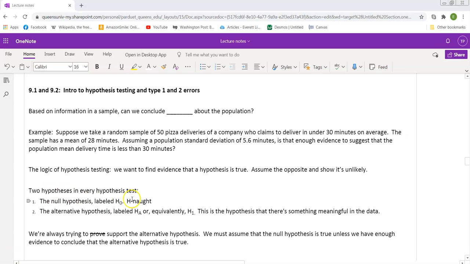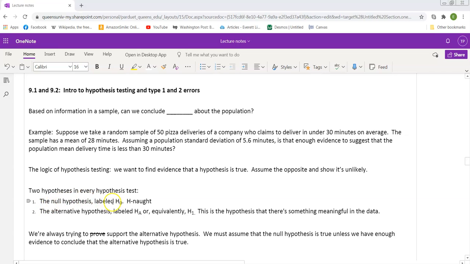The null hypothesis, on the other hand, is the opposite of that. This is where we said we're going to assume the opposite. That's what the null hypothesis is. It's that opposite thing that we have to assume is true unless we find enough evidence to conclude otherwise.